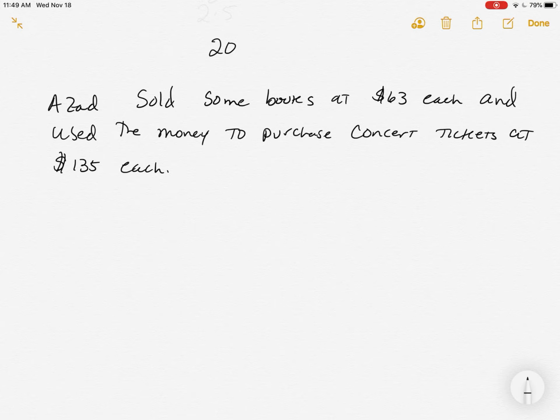So here's an important part. He had no money left over after buying the tickets.